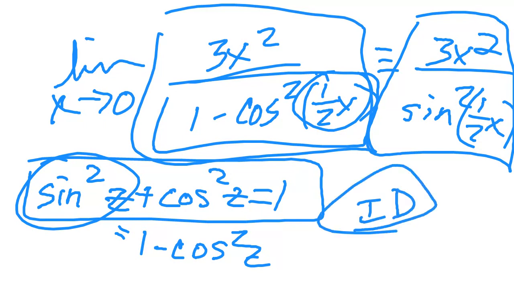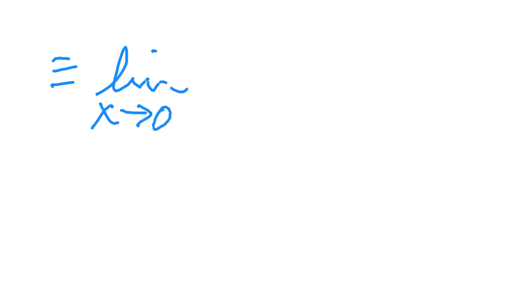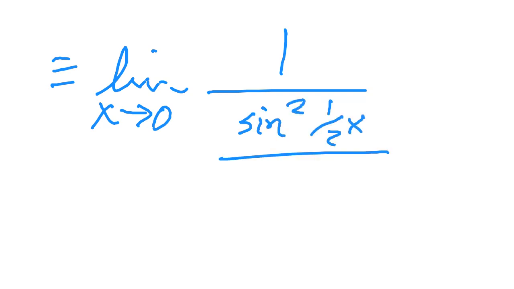Now I can use the first theorem that we went over to try and come up with this. Of course, that's the reciprocal of our actual theorem. So I'm going to clear my screen. This is equivalent to the limit as x approaches 0 of 1 over the reciprocal. The reciprocal would be sine squared 1/2 x over, and the 3x squared was on top.